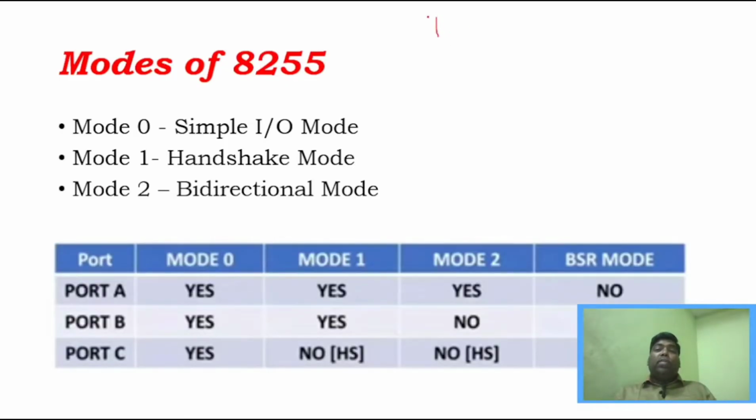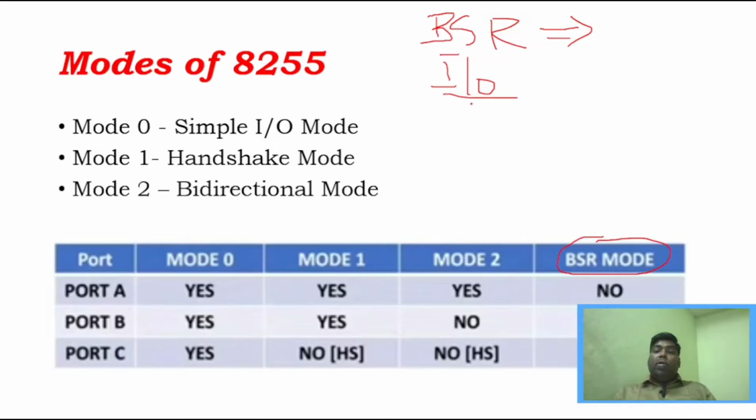What are the two modes? One is BSR mode, another one is IO mode, input output mode. BSR mode is nothing but bit set reset mode, and IO mode is nothing but input output mode, right?